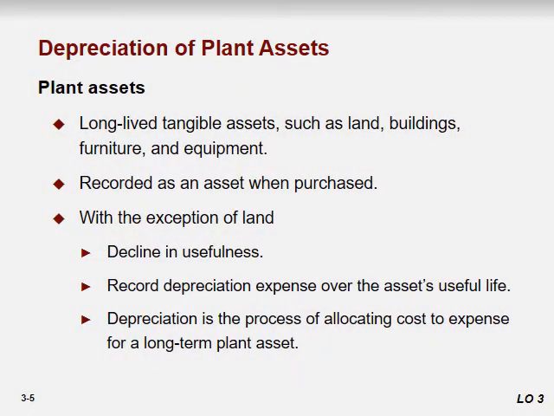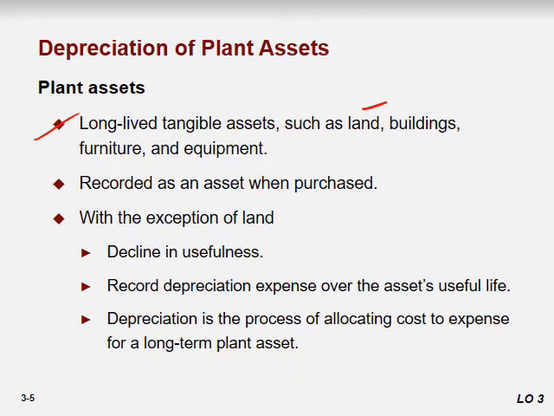Now moving towards the depreciation of plant assets. What are plant assets? These are long-lived tangible assets such as land, buildings, furniture, and equipment. All plant assets except land decline in usefulness, and this decline is recorded as an expense.